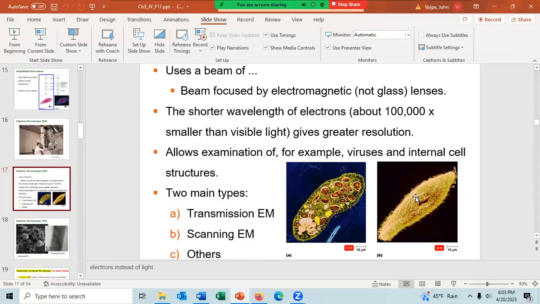You'd only see one surface, if you had it focused perfectly. With transmission electron microscopy, we can see inside a cell, but you only see in 2 dimensions, so it's only one plane that's viewable.